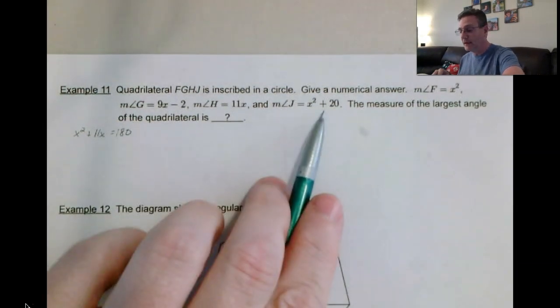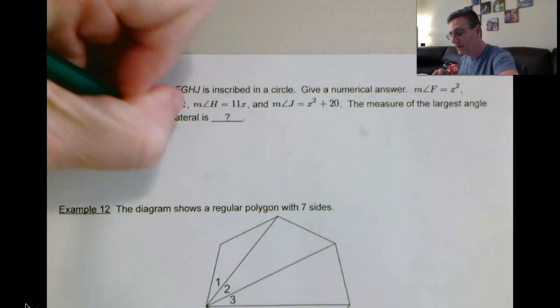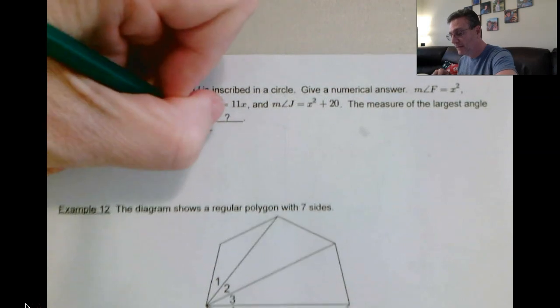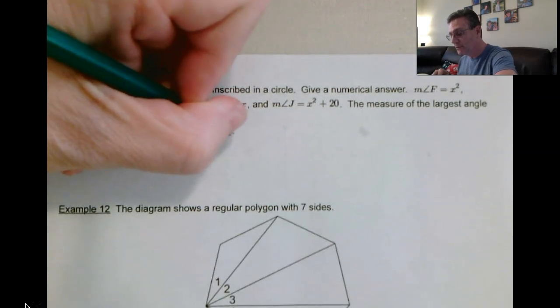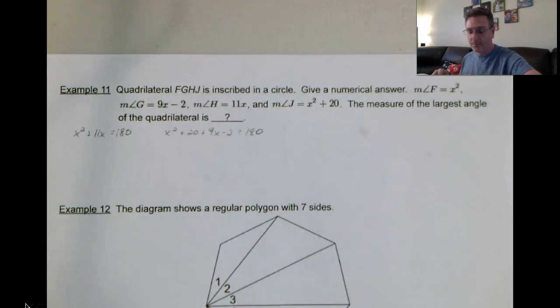Angle G and angle J have to be supplementary. So x squared plus 20 plus 9x minus 2 has to equal 180 degrees.